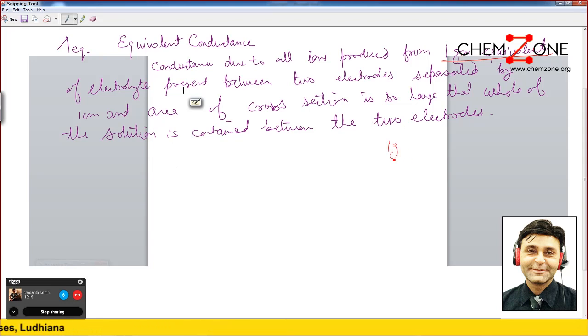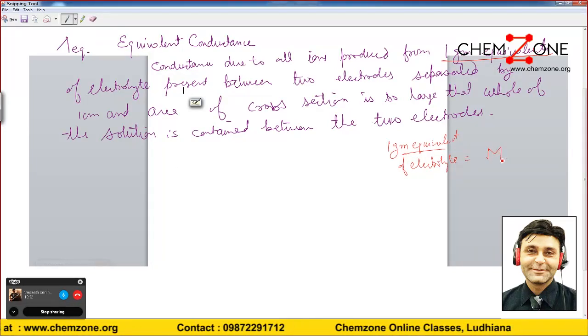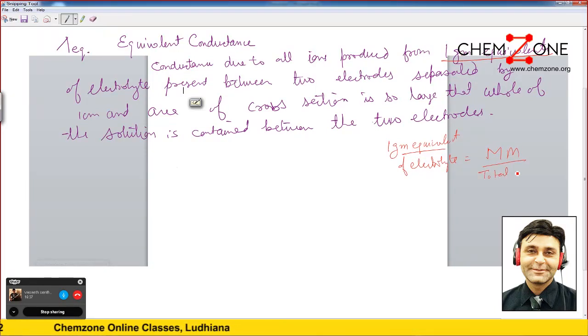1 gram equivalent of electrolyte is equal to molecular mass upon total charge on the cation.